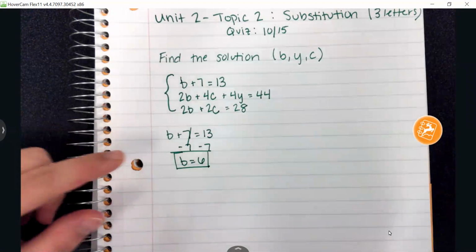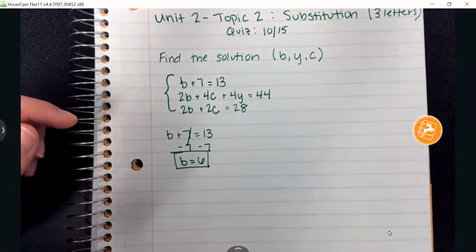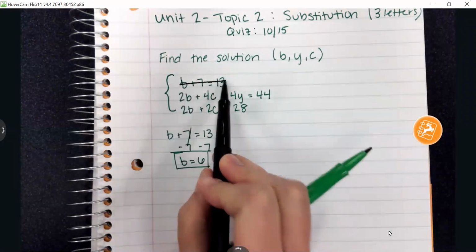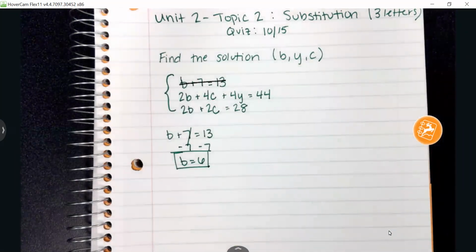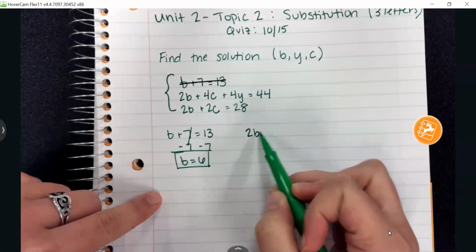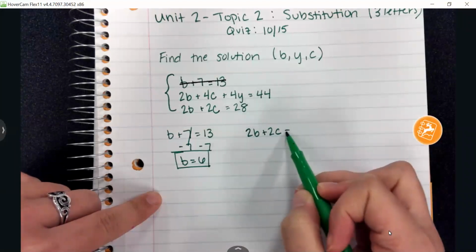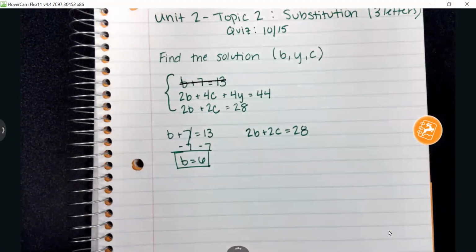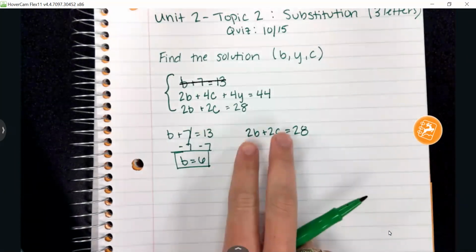Cyan, which equation am I going to use next? My third equation, because it looks a little easier. There's only 2 numbers or 2 letters instead of 3. So I have 2B plus 2C equals 28. Aria, which letter do I know?